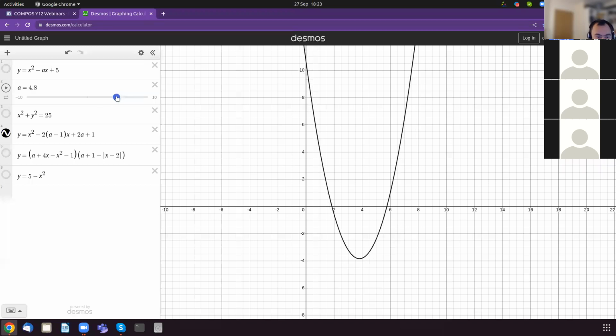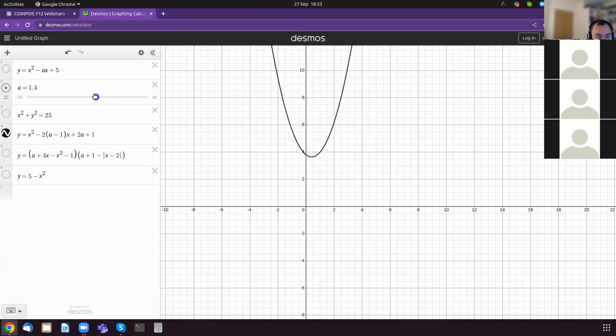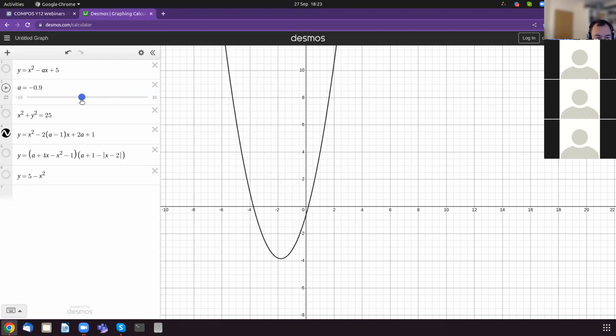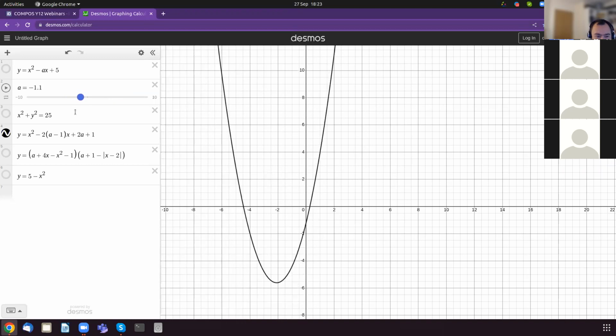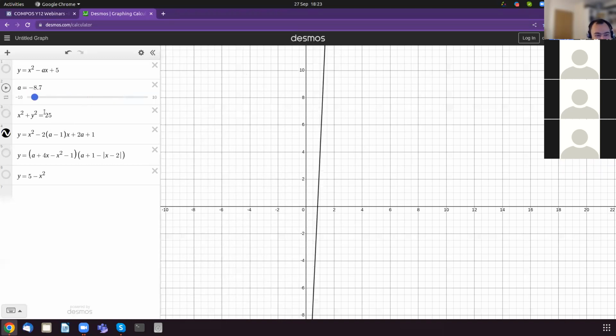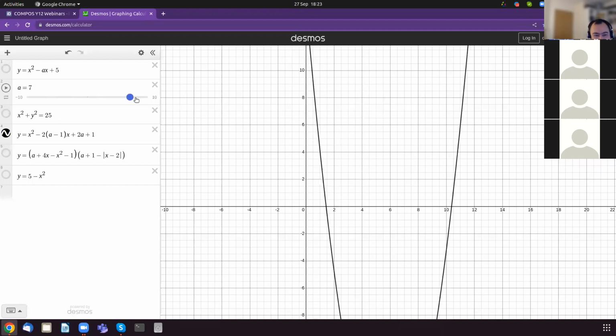Okay, let's go to the negative side. Both are negative, so that doesn't fit us. And then one is positive, one is negative. So we kind of know the answer right away using this graphical method.